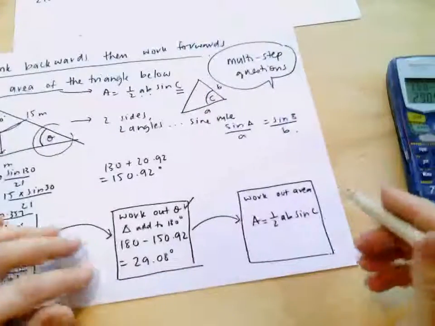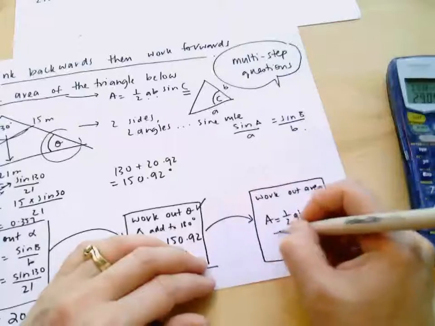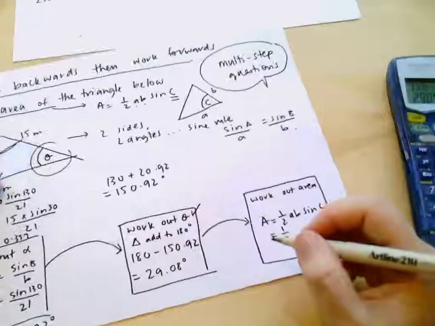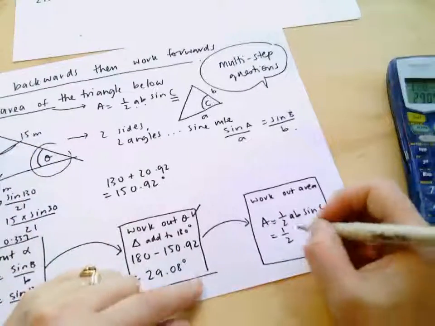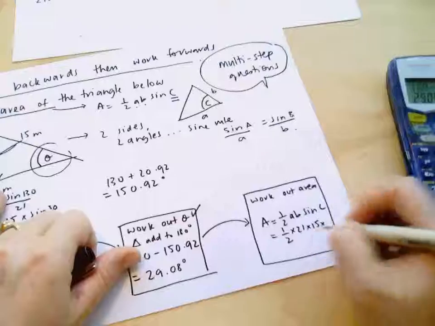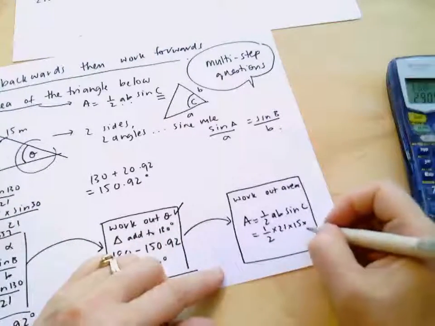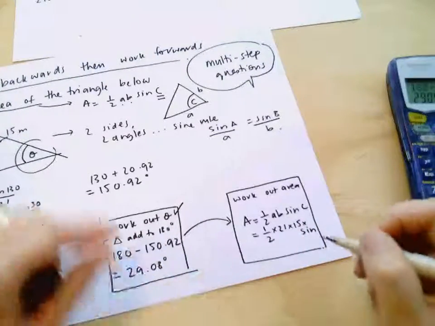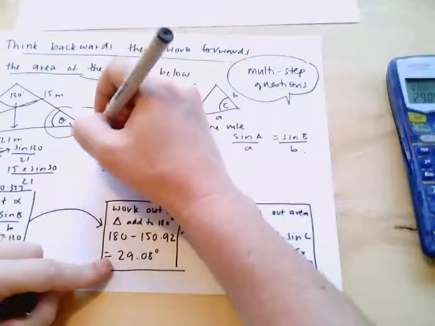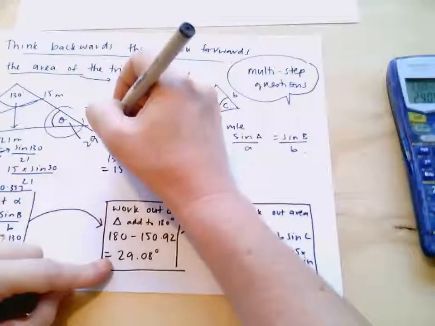Now I can finally get to the step that I wanted to do in the first place, which is to whack it into this equation. My A and B, it doesn't matter, remember, they're either side of my angle. So I'm going to just say A is 21, B is 15, and I'm multiplying by sine of the angle I just worked out that theta was, 29.08 degrees.